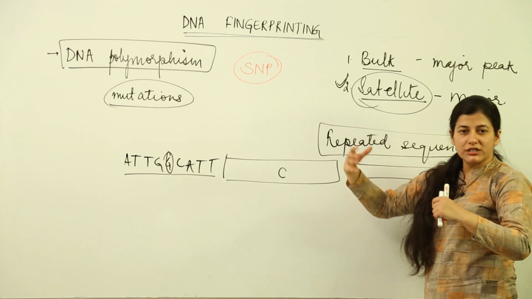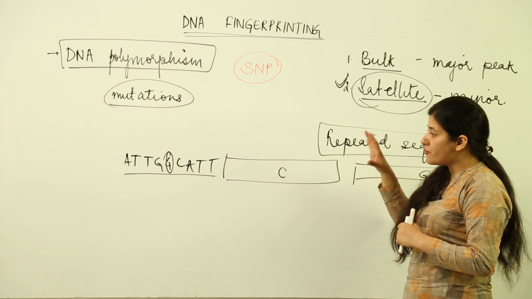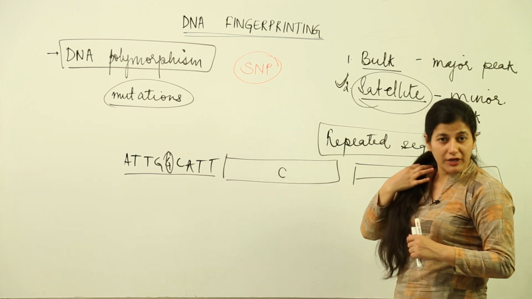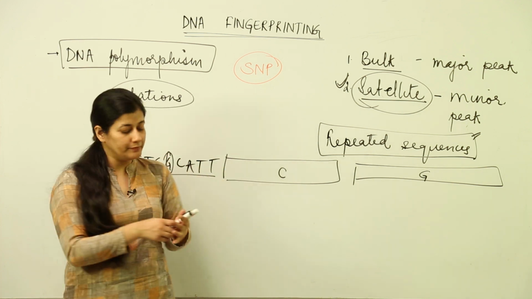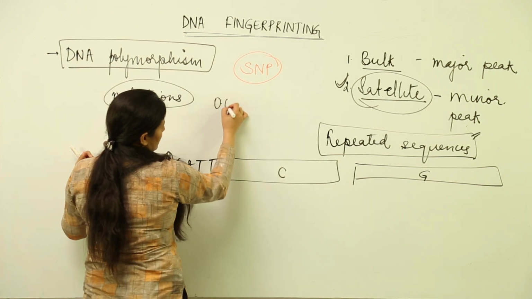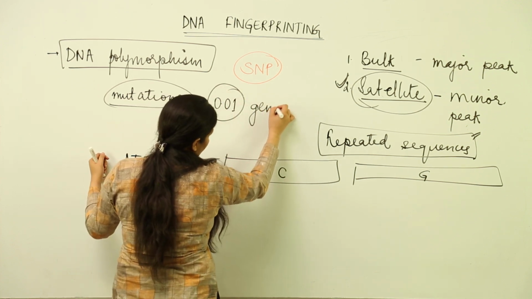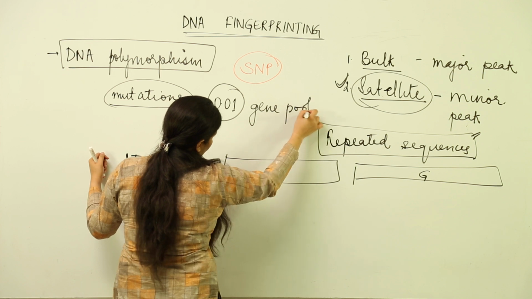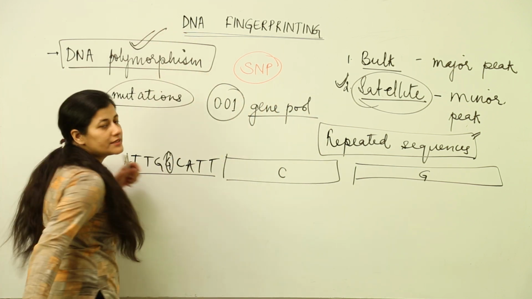Then the offsprings would inherit it, then it would go further and further, and from the idea of allelic frequencies that we talked about in Hardy-Weinberg equilibrium, if the frequency of a mutation is 0.01 in the gene pool of a given population, it is nothing but polymorphism, okay.